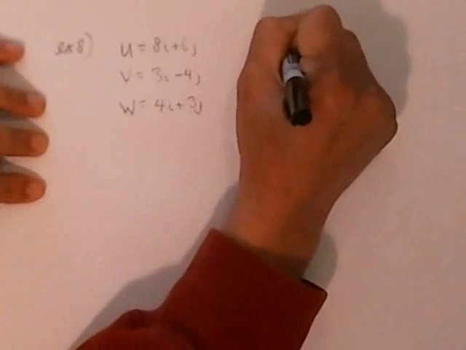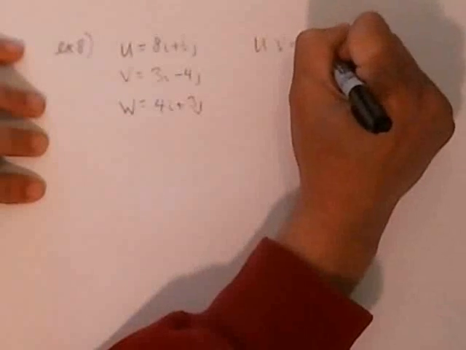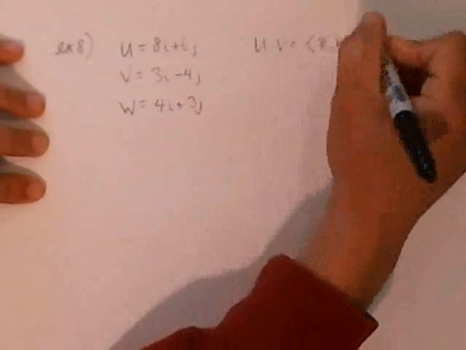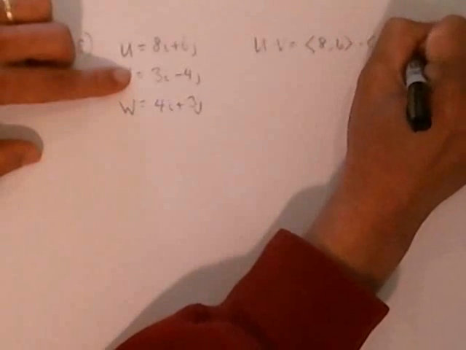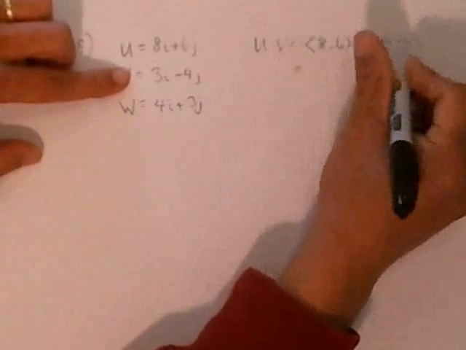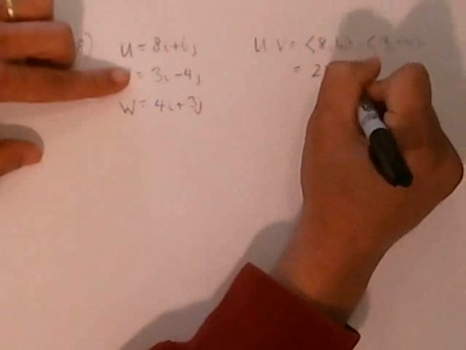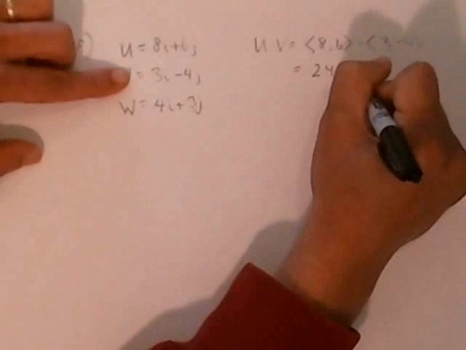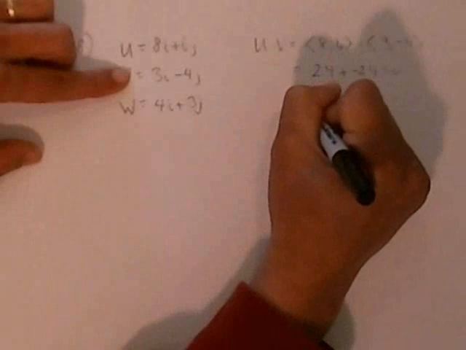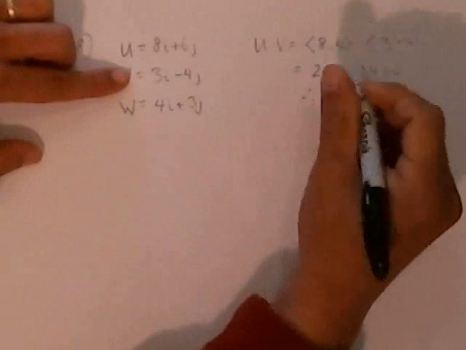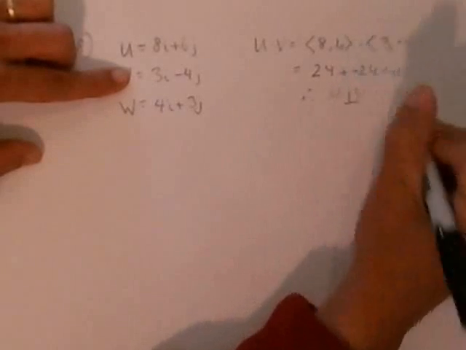Let's go u dot v first. Vector u is 8, 6 times the vector v, which is 3, -4. That becomes 8 times 3 is positive 24, plus 6 times -4 is -24, and we end up with 0. Therefore, u is perpendicular to v.